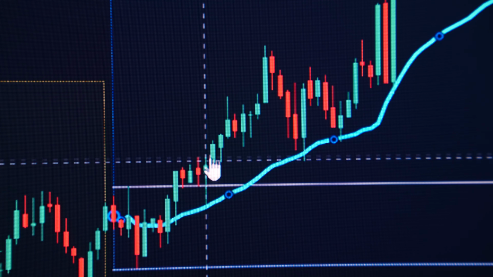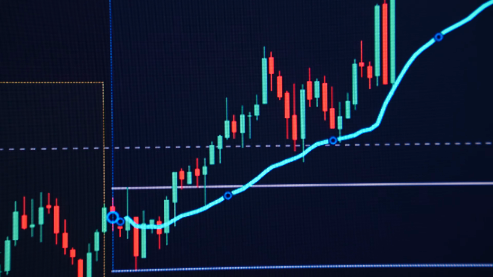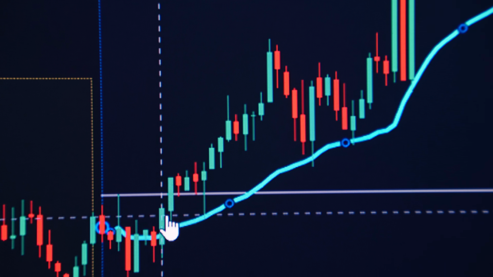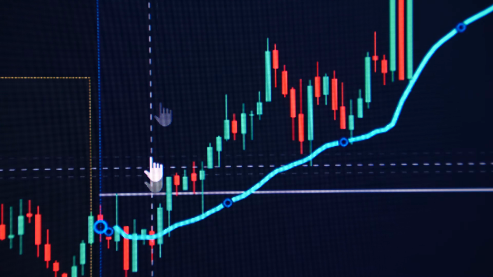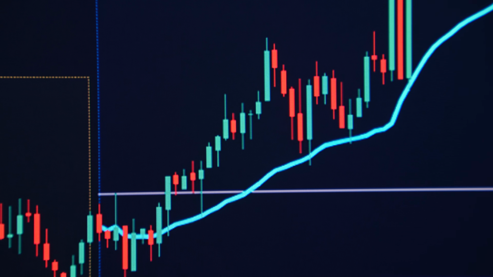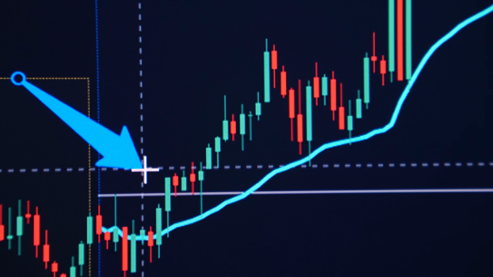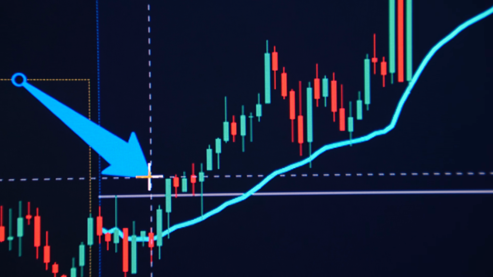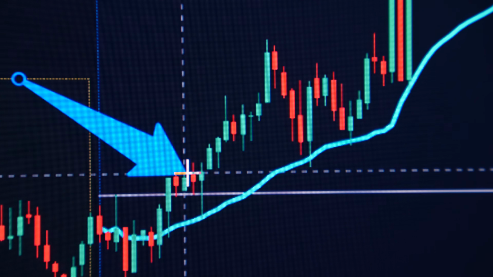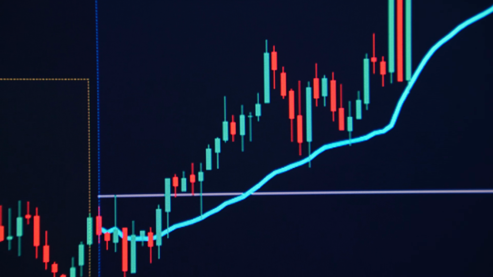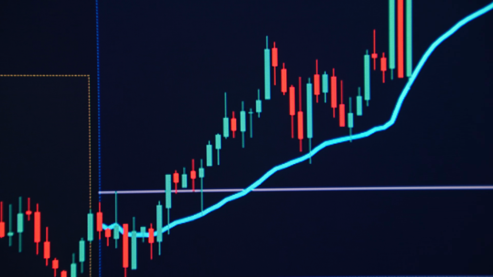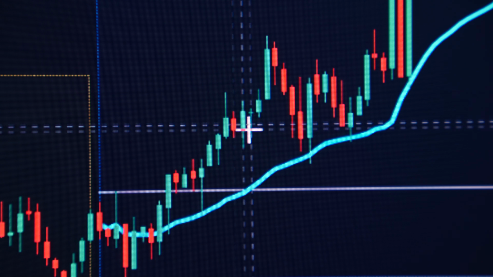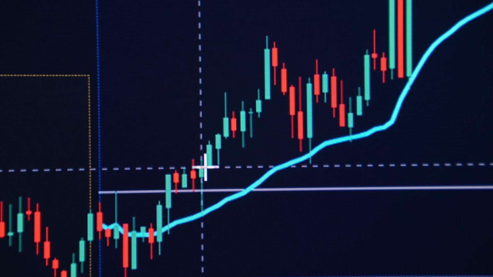This candle right here actually broke the top of the orb, and then this candle right here was that pullback. So after you see that pullback, you would have gotten in right here. This would have been your entry.